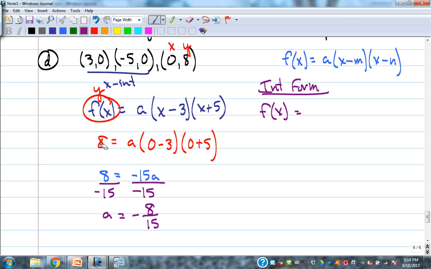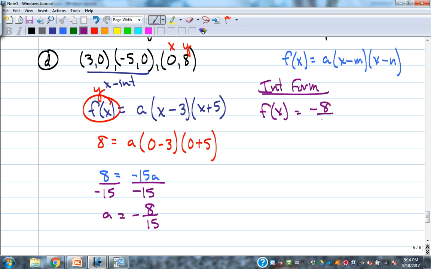We were trying to find out what a was. A is negative. What does that tell us about our graph? It's going to open downward. So we know that about the graph now. Not necessarily true that we knew that beforehand. Maybe if we plotted those 3 points, we'd get the idea that it did open down, but it's not necessarily always going to be that clear.